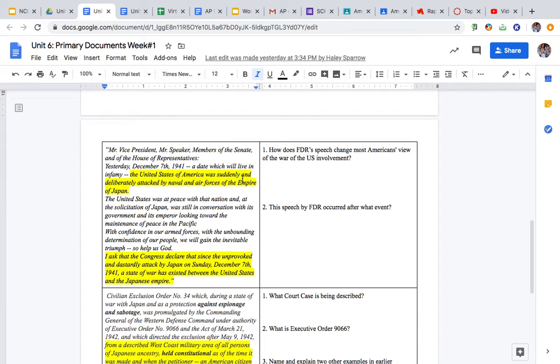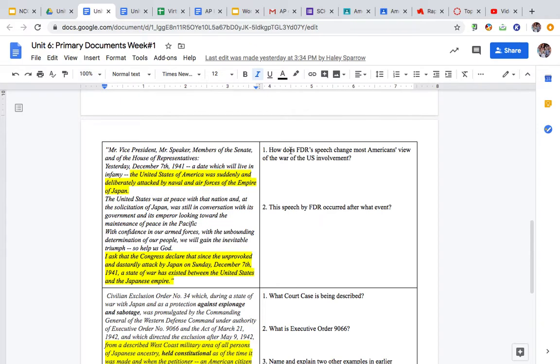With confidence in our armed forces, with the unbounding determination of our people, we will gain the inevitable triumph, so help us God. I ask that the Congress declare that since the unprovoked and dastardly attack by Japan on Sunday, December 7th, 1941, a state of war has existed between the United States and the Japanese Empire.